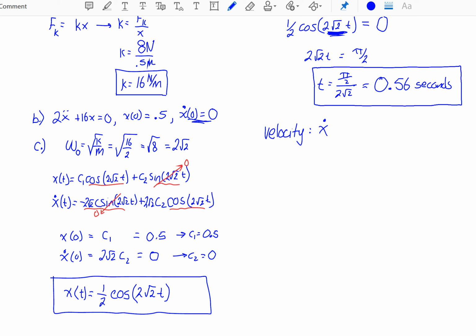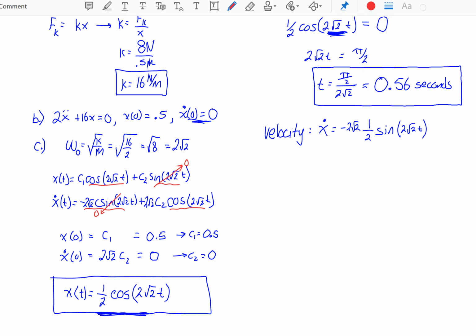The derivative of our position function, the derivative of 1/2 cosine of anything, is going to be negative 1/2 sine of the anything, times, by the chain rule, the derivative of the anything, which puts a 2√2 in the front.